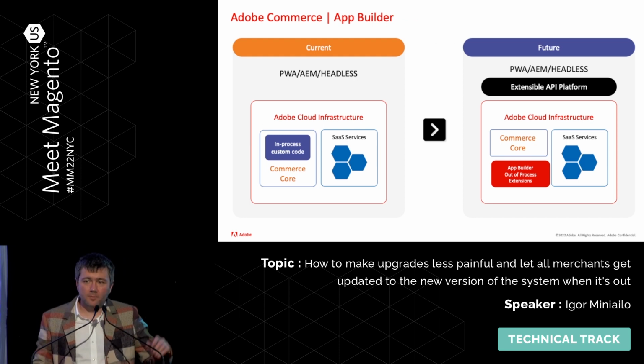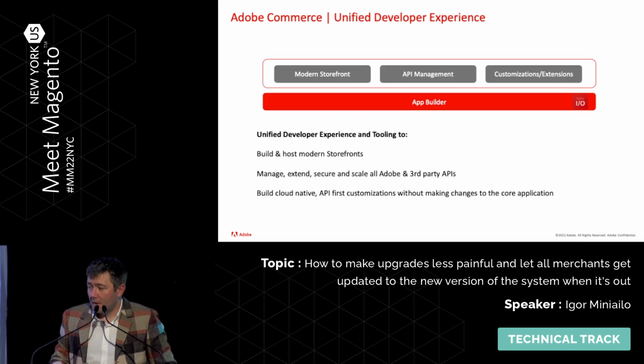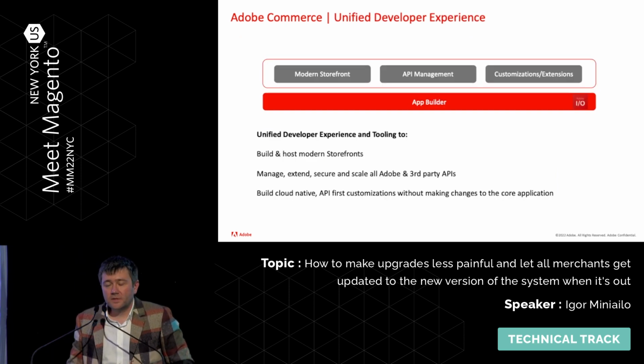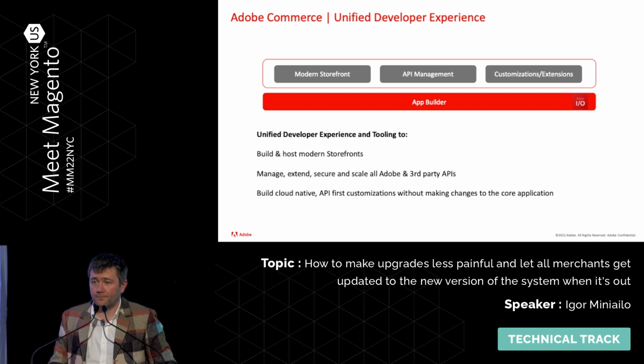So this is a marketing architecture diagram which describes the current state which we have now from the ecosystem perspective, from the extensibility perspective, and the model in future which we are targeting towards. Again, one of the pretty important things is that new App Builder introduces not only out-of-process extensibility, but it also introduces a unified developer experience across different Adobe products.